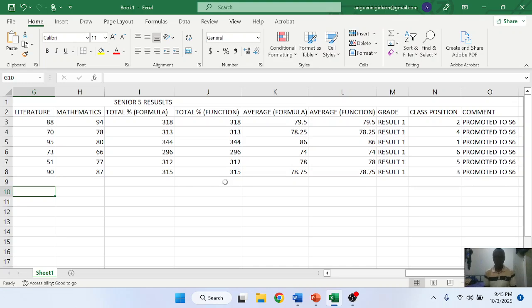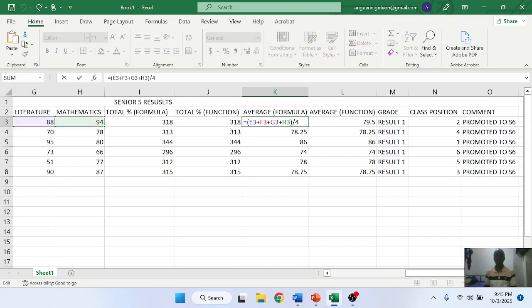So the first error that we are going to look at is called #DIV/0!. #DIV/0! occurs when a formula is divided by 0. Let's say when calculating average here, we divide this by 0.